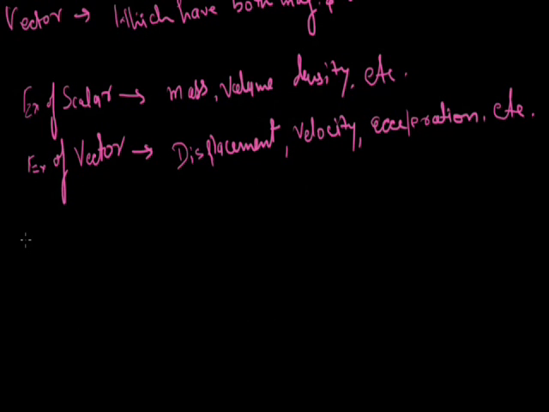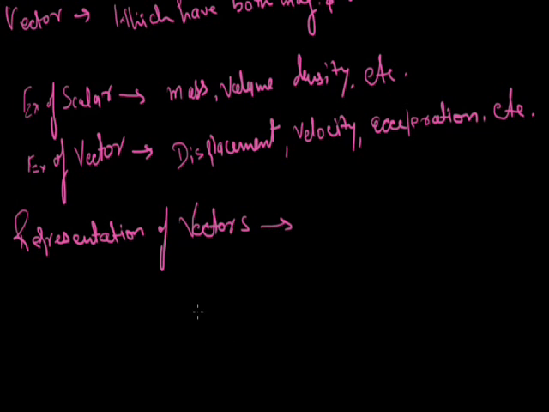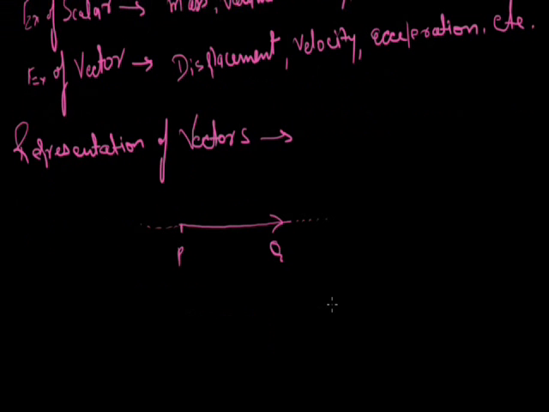Now start with the vector. The first topic is the representation of a vector. Suppose it is vector PQ. A vector is represented by a directed line segment, such that the length of the line segment is the magnitude of the vector, and the direction of the arrow marked at the end shows the direction of the vector.